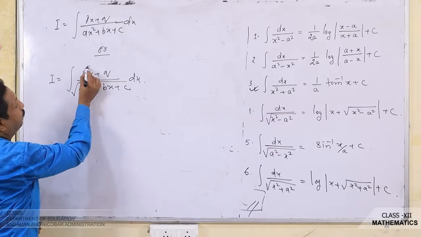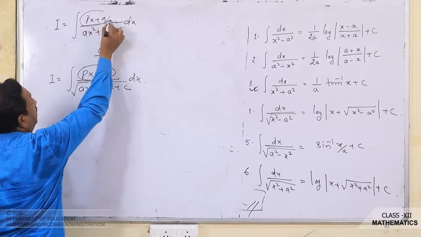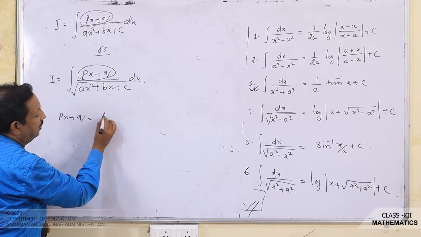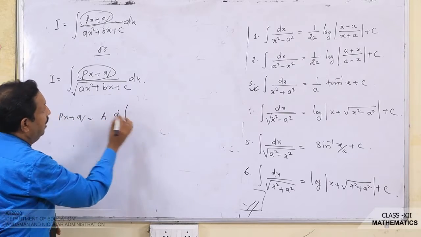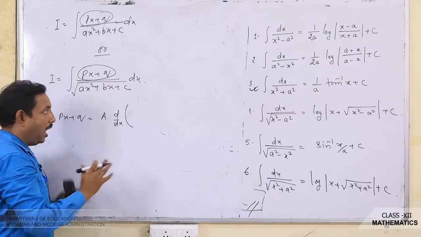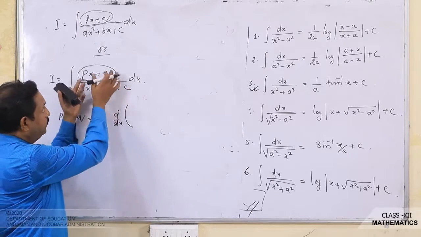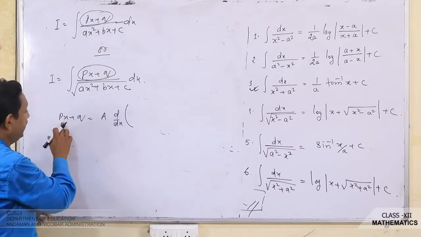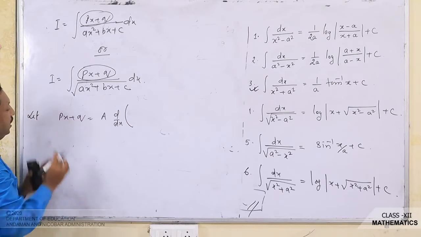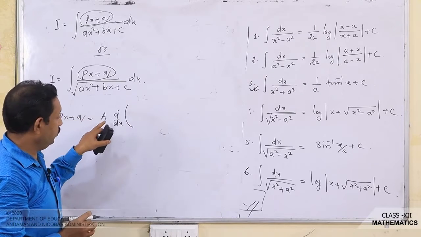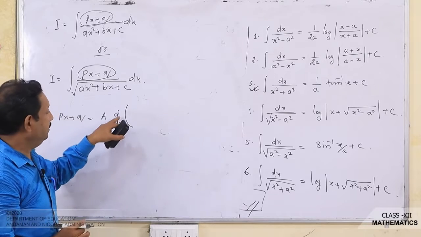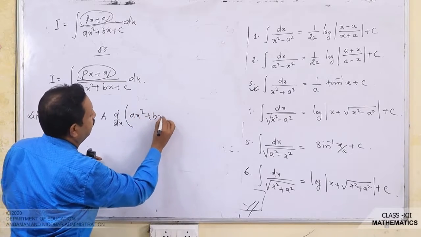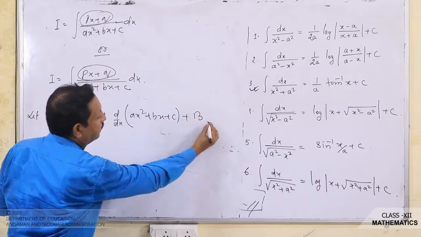So, that means we have to assume this linear part, px plus q, as some constant times the derivative of this one. Like px plus q, let us assume that px plus q is equal to a, some constant a, times the derivative of a x square plus bx plus c, and then some constant b.